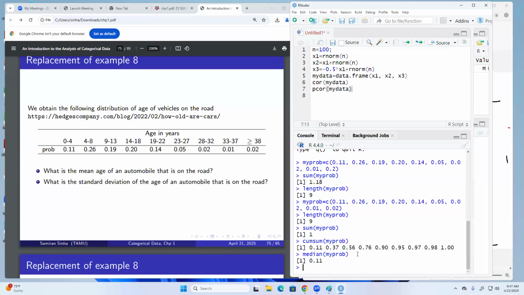Okay, so it did not calculate the median this way because I did not provide the value of the random variable. If I had given the value of the random variable, then it could have calculated. But at least you get the idea where the median is. So the median class is between 9 and 13 years.